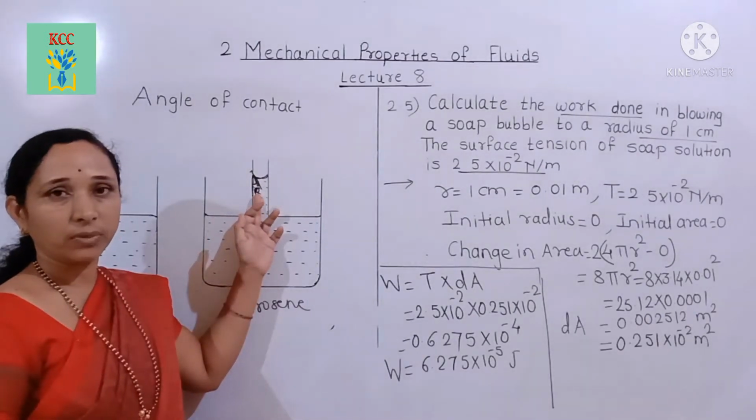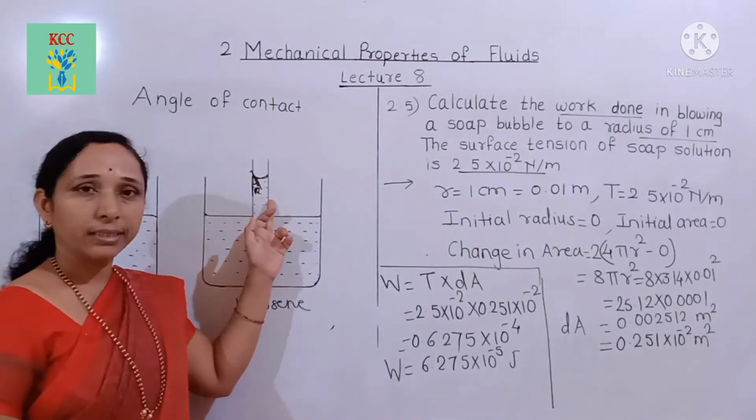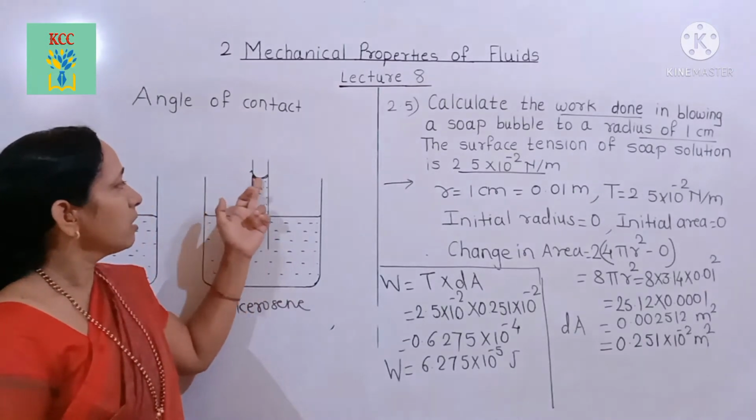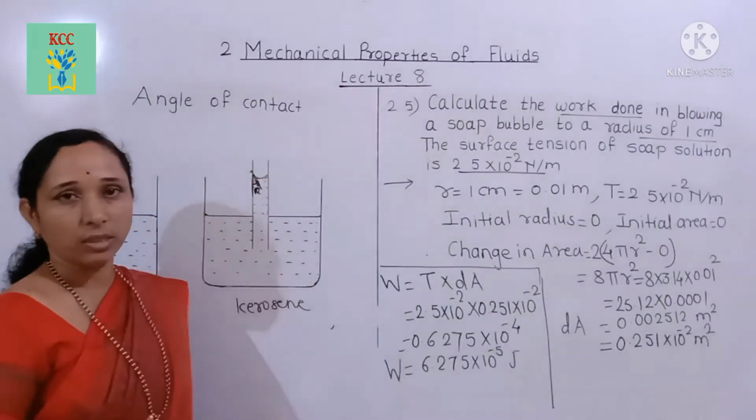आहे, ॲक्यूट आहे. मग इफ अँगल ऑफ कॉन्टॅक्ट इज ॲक्यूट, then this surface is concave surface.